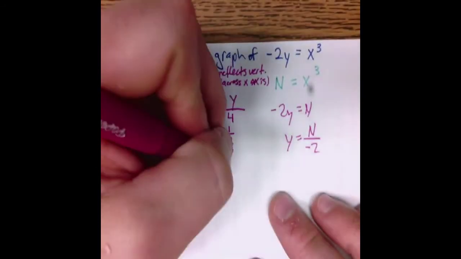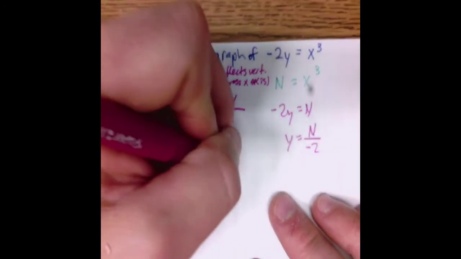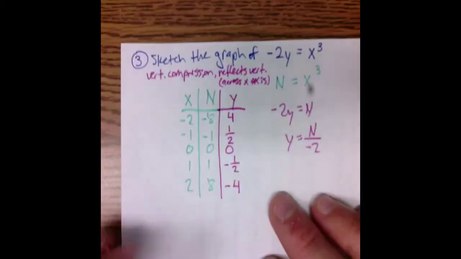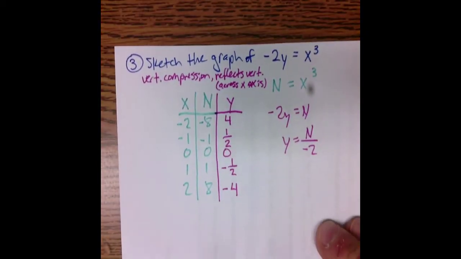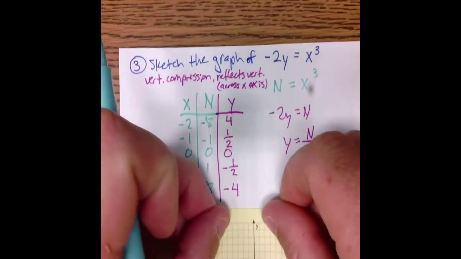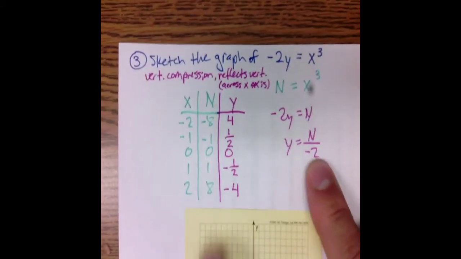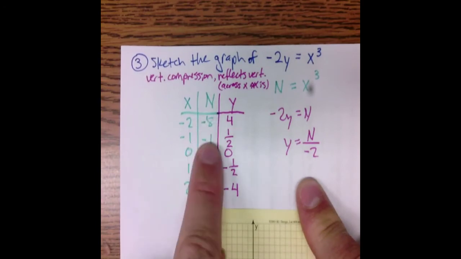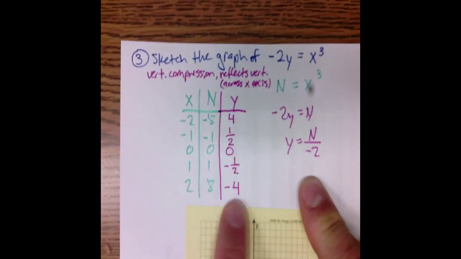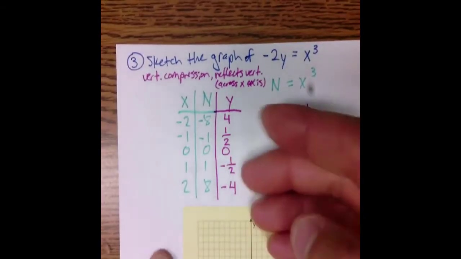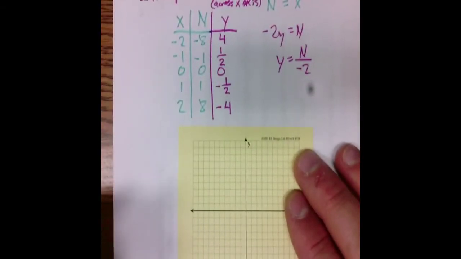That's still 0. But now this switches and this is negative 1/2, and that's a negative 4. This helps you realize the fact that we had the negative there. The outputs that were negative became positive, and the outputs that were positive became negative. And you can see that kind of means that it reflects around the x-axis like that.